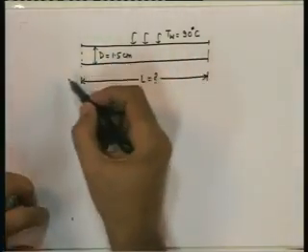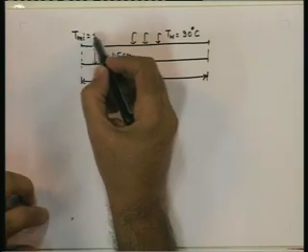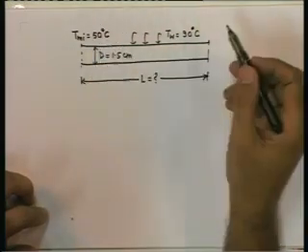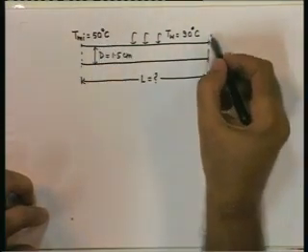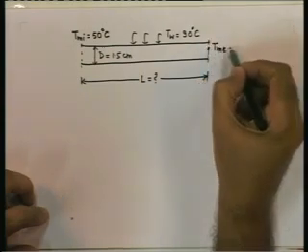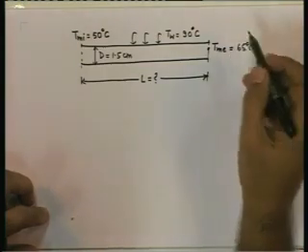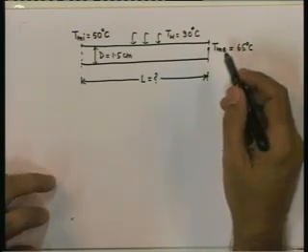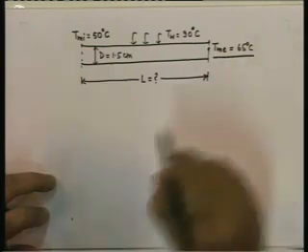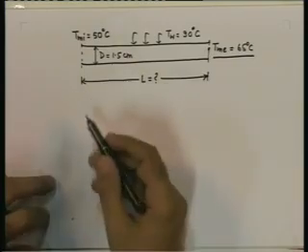The inlet temperature is 50 degrees C. We want the exit temperature to be 65 degrees C. So, this is a design problem where we are not given the length of the pipe, we are given the requirement that the exit temperature should be 65 degrees C, and we have to determine the length of the pipe.